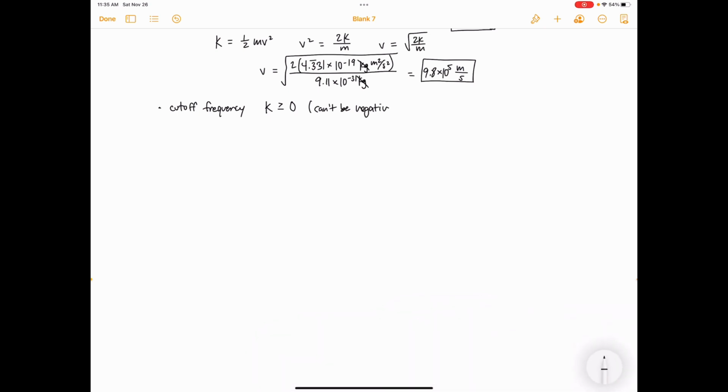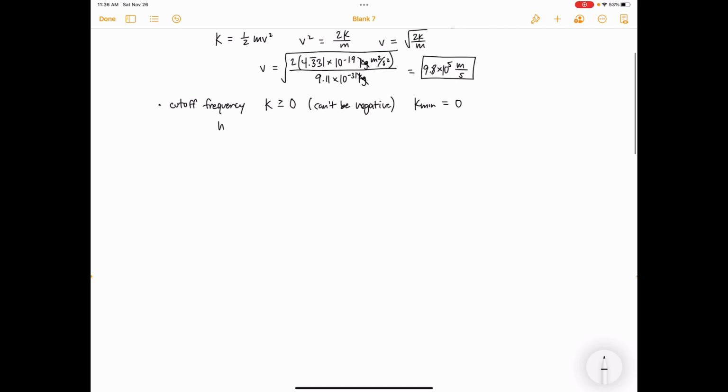Okay. So the minimum value the kinetic energy can have is 0, right? So if we basically set the kinetic energy in our equation to 0, here's what happens. We have h times fc, that's our cutoff frequency, equals kinetic energy minimum plus phi.